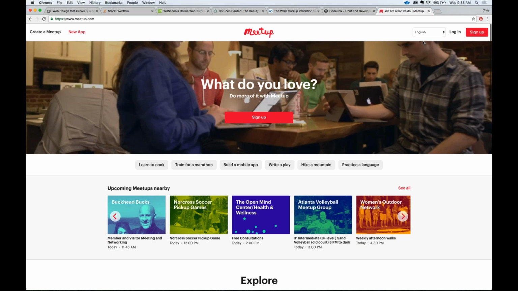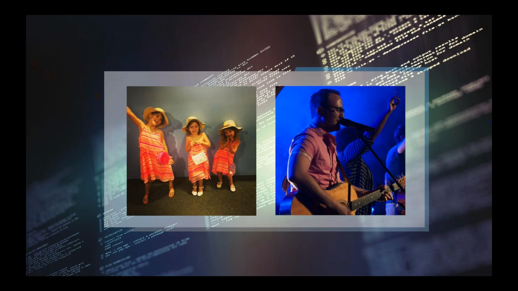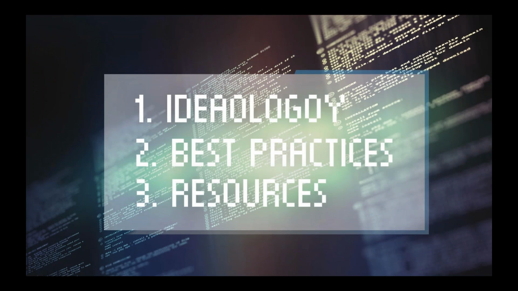But that's enough about me. I know you didn't come on to learn all about me. Let's dive into some of the things that I want to talk to you about today. So there's 3 areas that I want to discuss when it comes to learning HTML and CSS. The first is ideology. And I feel like this is important because if you've taken any web courses before, you'll probably find that one of the most difficult things that we have when it comes to online courses is actually getting through the material.